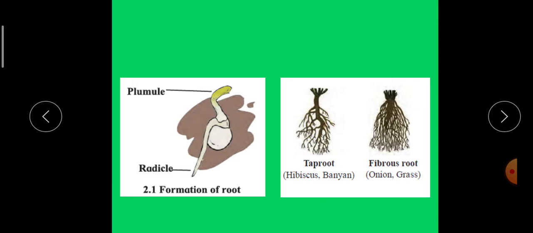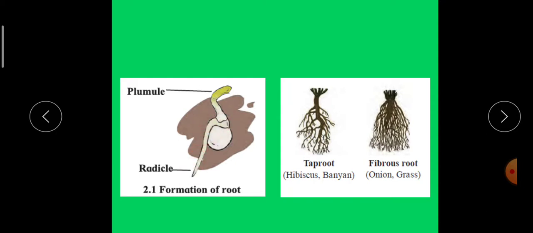Now, you can see here the formation of root. You have studied germination of seed. When a seed germinates, two parts generate from it: radicle and plumule. Radicle is the part that grows from inside the seed towards the soil.